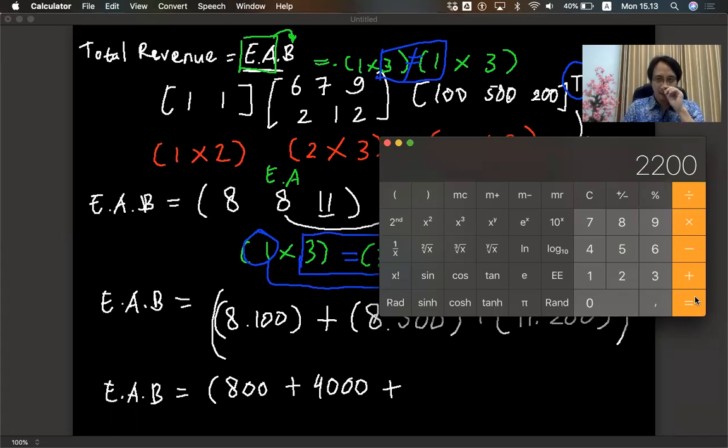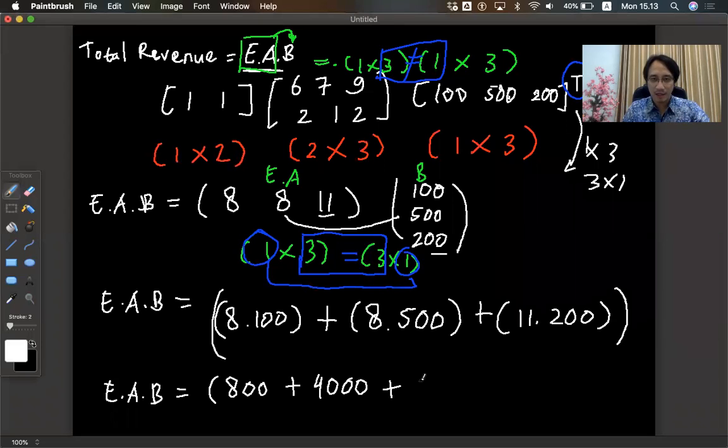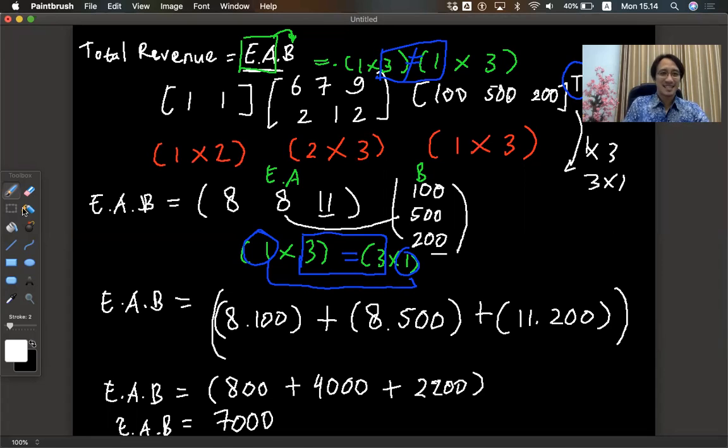Yeah, 2200. So the result of A times B equals 800, 4,800 plus 2,200, 7,000. This is the result.